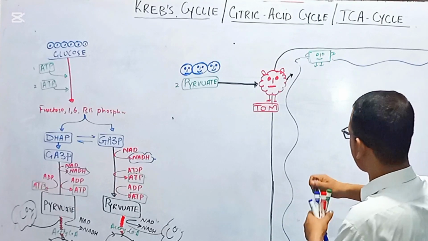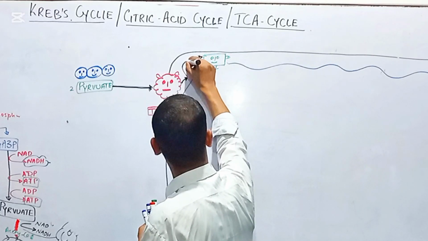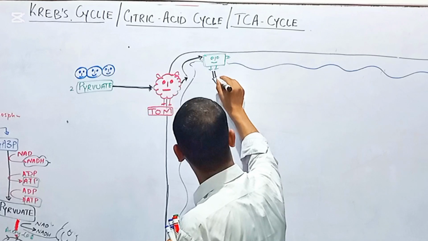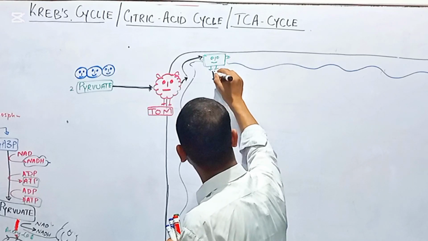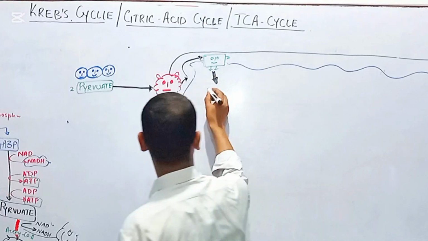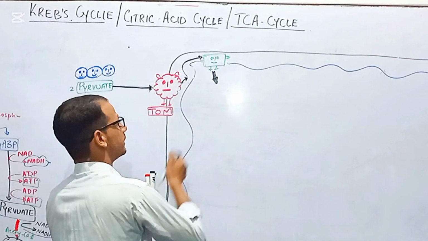This pyruvate is taken by this Tim protein and allowed into the mitochondrial matrix. So pyruvate is now present here with these 3 friends.